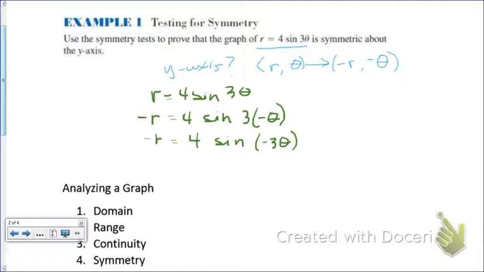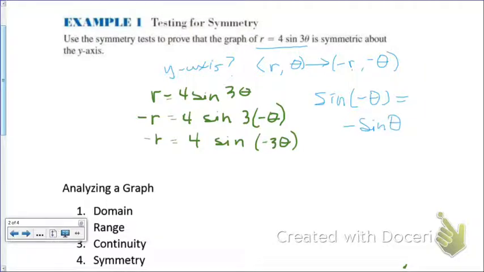And so one of those identities said this: sine of negative theta is equal to negative sine theta.